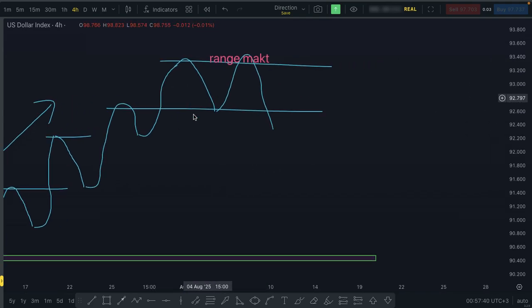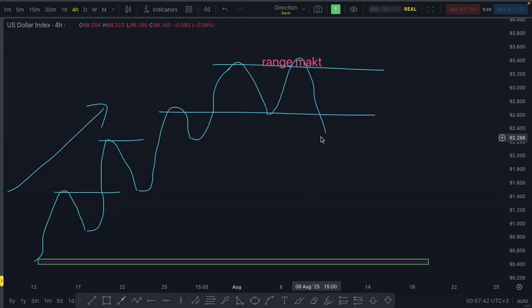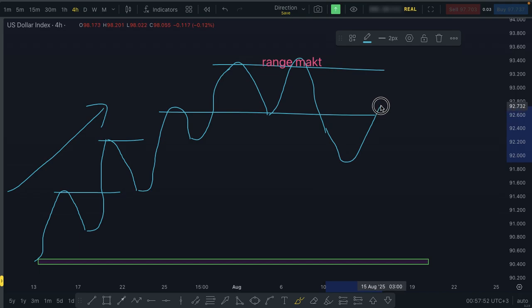Then we want to see what it means when the market is going to the downside. Once it pushes to the downside, this becomes our low, then it comes to retest, that becomes our lower high, then this becomes our lower low, and then another lower high, just like that.